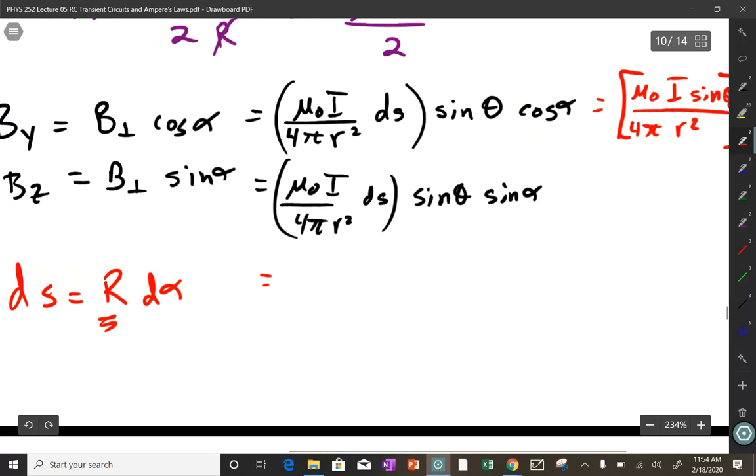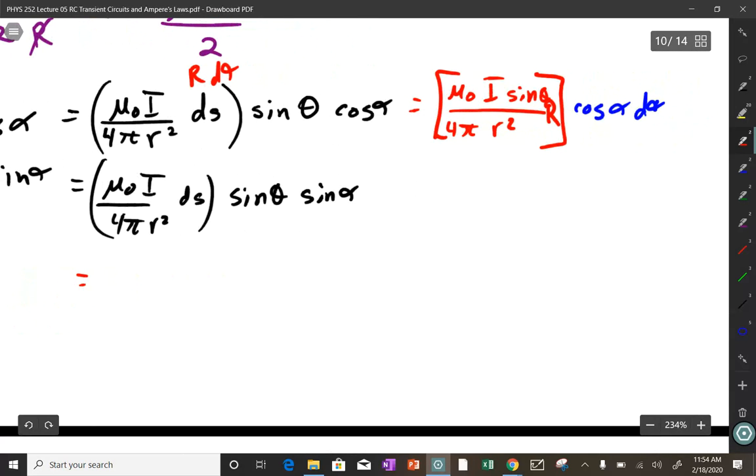So I changed ds to r d alpha. And then everything that was constant, I put inside the bracket. So this was constant, the r is constant, and all of this is constant. So that's inside the bracket. And then I have to integrate this from 0 to 2 pi. This one here is going to have that same bracket, sine alpha d alpha.